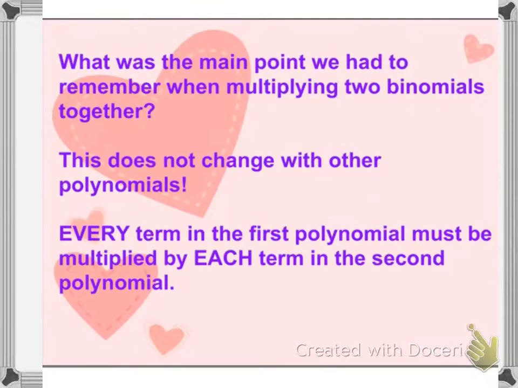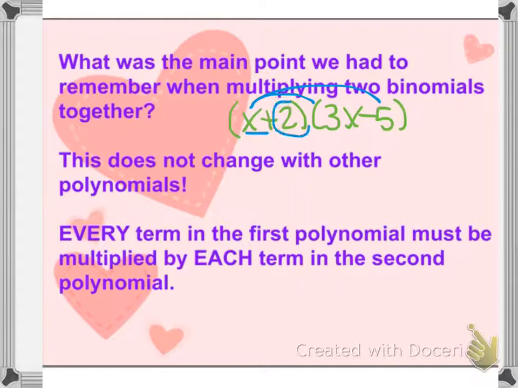The main goal yesterday was to make sure that every term in the first set of parentheses got multiplied by every term in the second set. So if we had x plus 2 times 3x minus 5, we basically said we had to distribute twice. We had to start by distributing the x, and then we had to distribute the 2, so that every term in the first set of parentheses got multiplied by every term in the second set of parentheses.